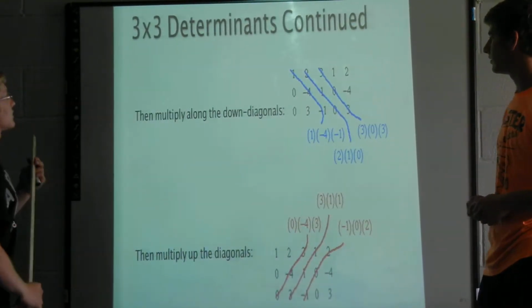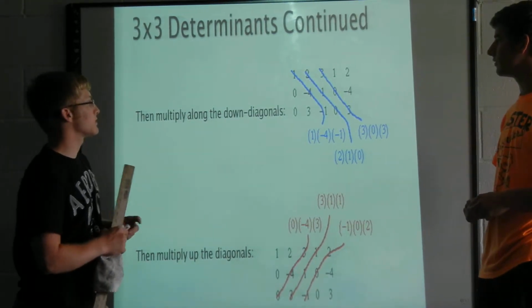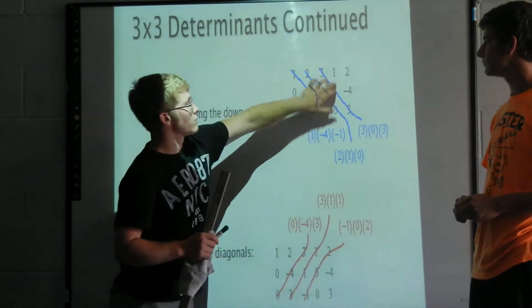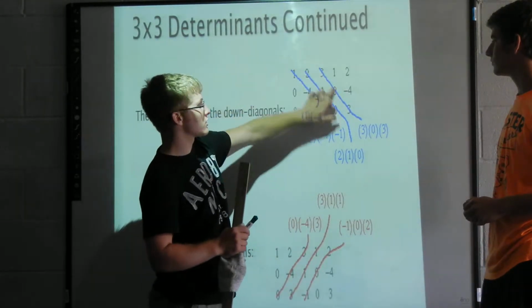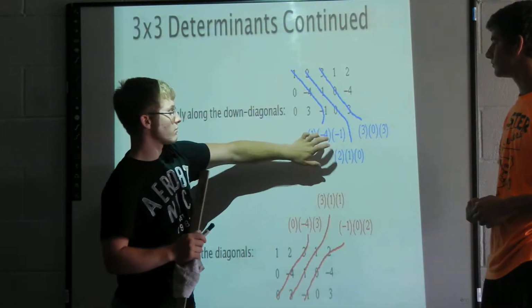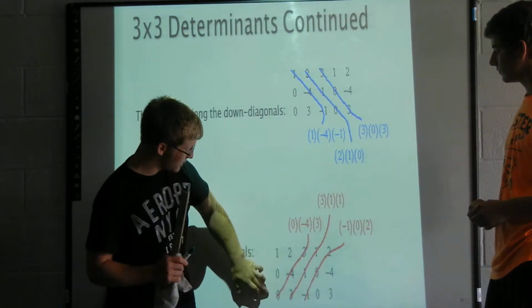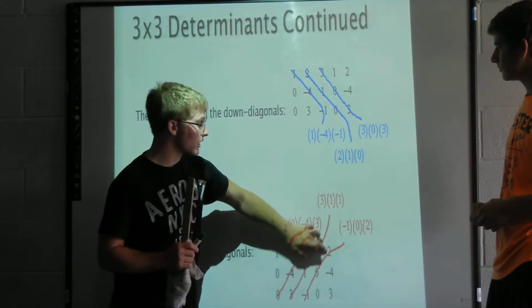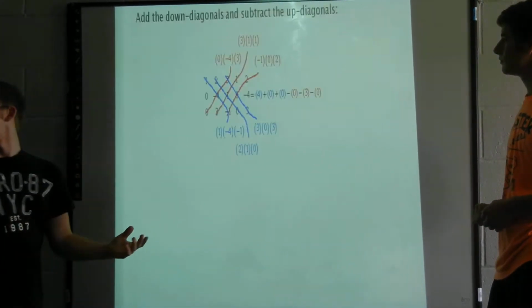Okay, and here's an example problem of what Chayton was just saying, the same concept. After you rewrite the two columns here, you're going to take these diagonals and multiply those together. And then you're going to take these coming up this way, and multiply those together.